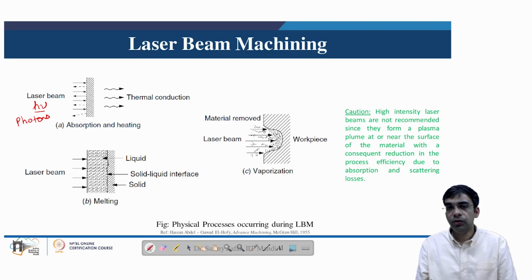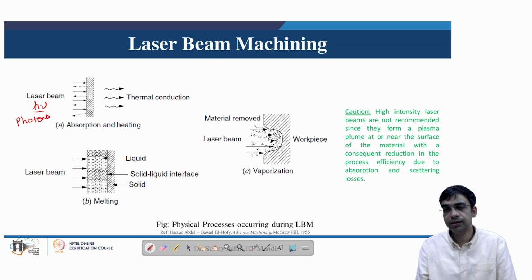Depending on the thermal conductivity of the workpiece, so how fast the heat can be conducted, the temperature at the interaction zone between the laser beam and the workpiece starts to increase, and upon increase in temperature there will be a change in state of the solid workpiece to liquid.